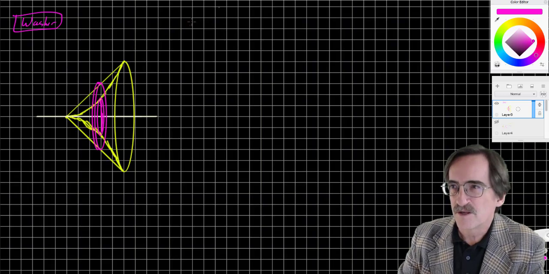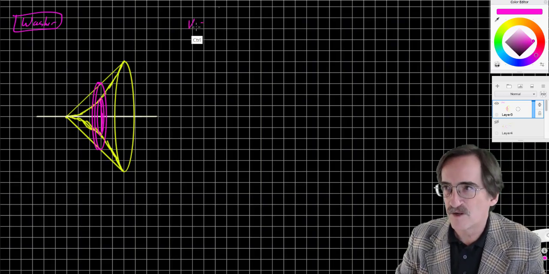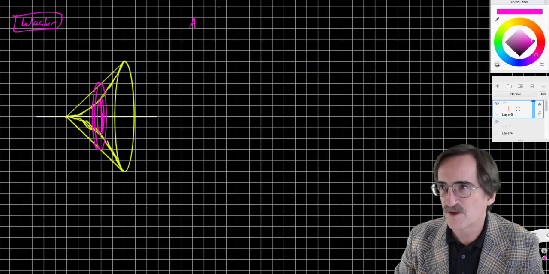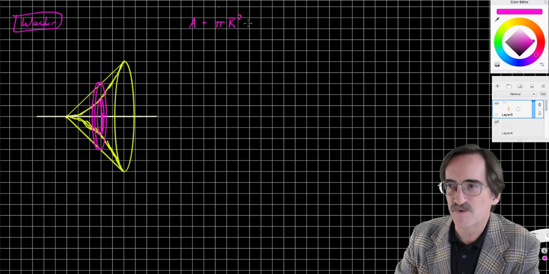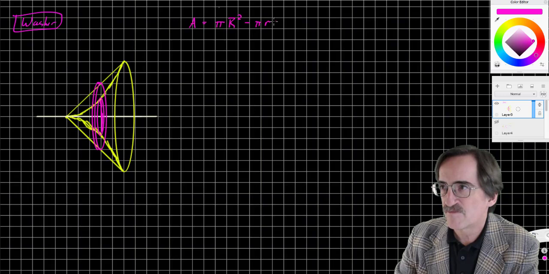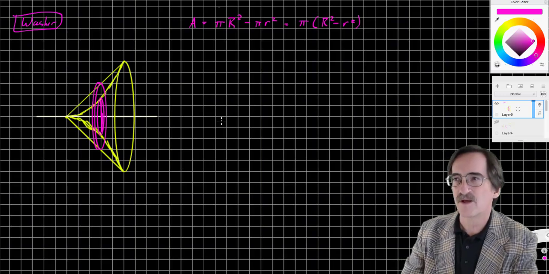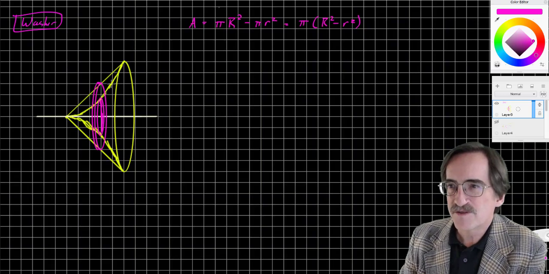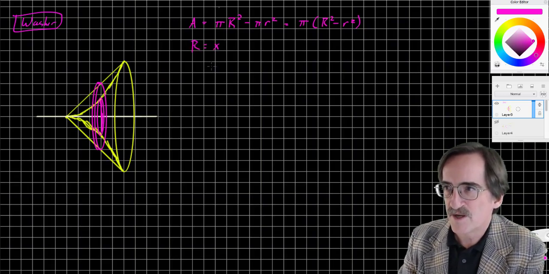Well, let's find the area of the washer without the thickness here. It's pi big R squared, where capital R is the big radius, minus pi little r squared. If we factor pi out, we get pi times big R squared minus little r squared. Now in this case, big R is y equals x, so x.